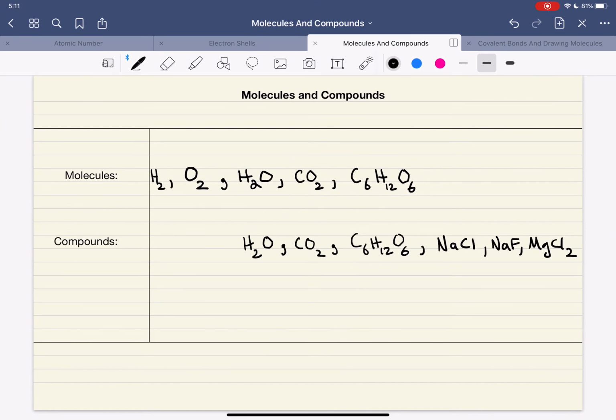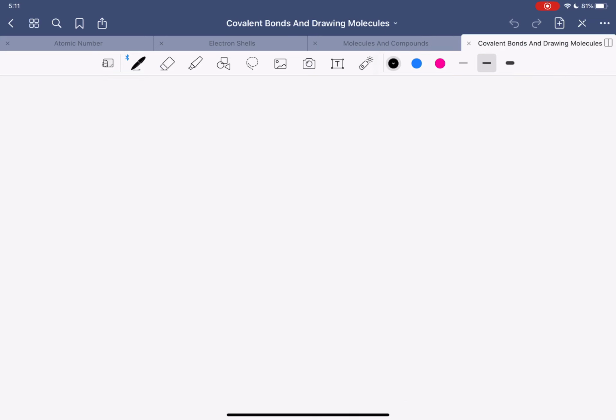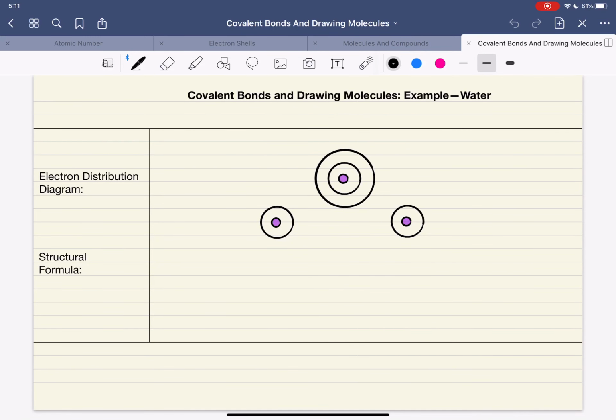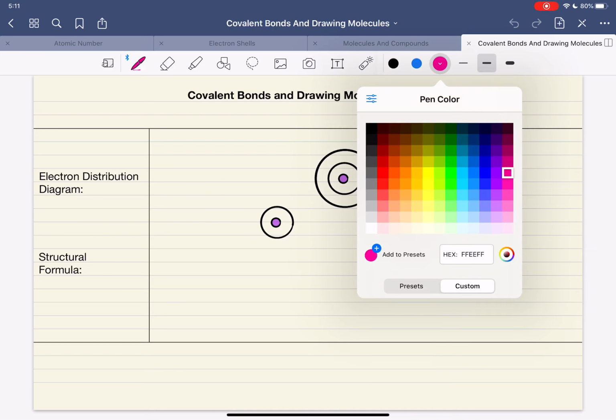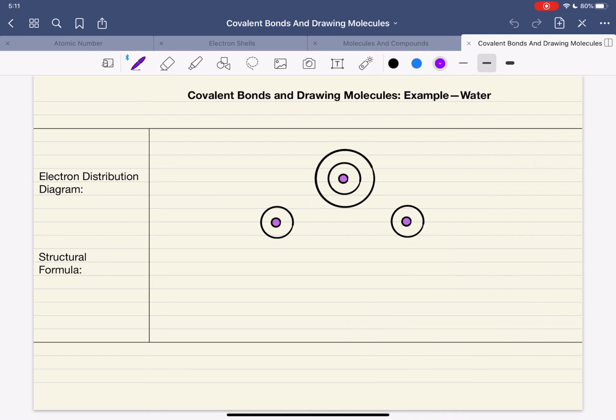Remember, we're going to draw out something called the electron distribution diagram first. I don't have it set up for hydrogen gas, so let me just draw that in.